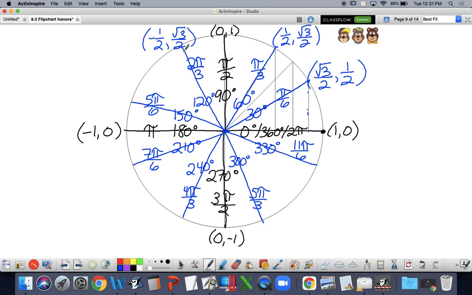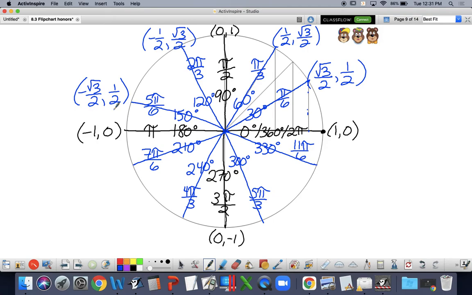That's how it's supposed to help us as we go through these. That's fancy. I go to 150 degrees. Now, what's my reference angle for 150? 30. I look to 30 and I say all I have to do is copy this over and figure out which one is negative. Again, in this quadrant, the x value is negative, so I get negative square root of 3 over 2 and 1/2. Now, hopefully we're kind of figuring out the pattern, right?